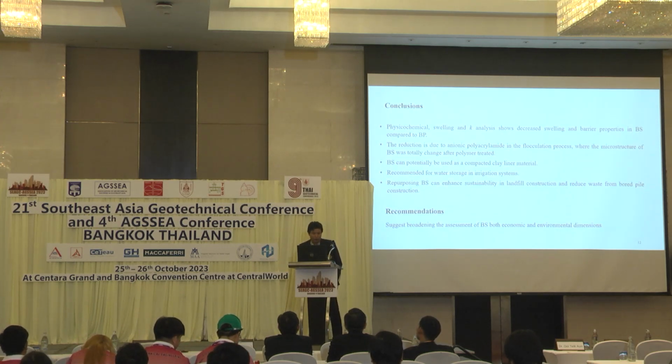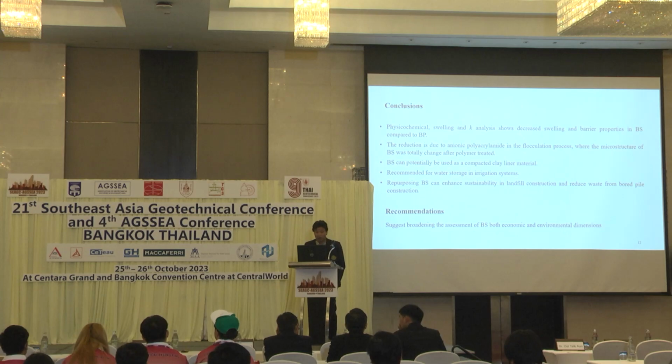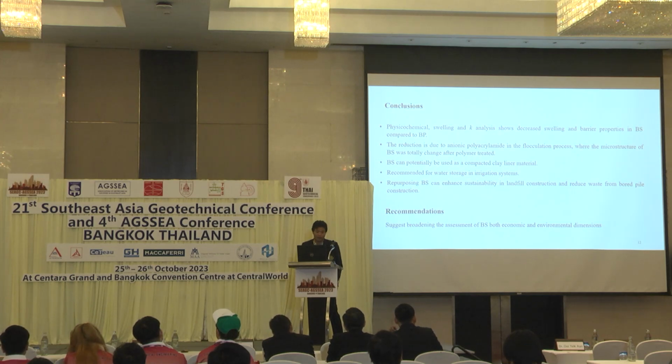So for the conclusion, based on the physical-chemical property, swelling, and the k analysis, the BS showed a decrease in the swelling and barrier property. And the reduction is due to the anionic polyacrylamide changing the clay structure by the flocculation process.